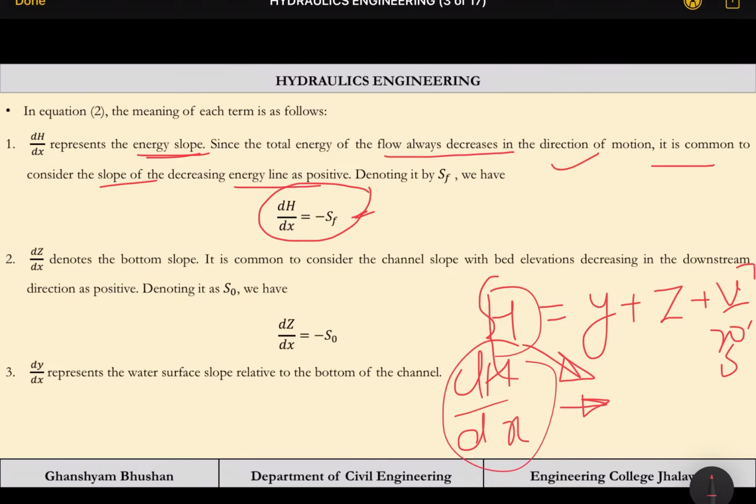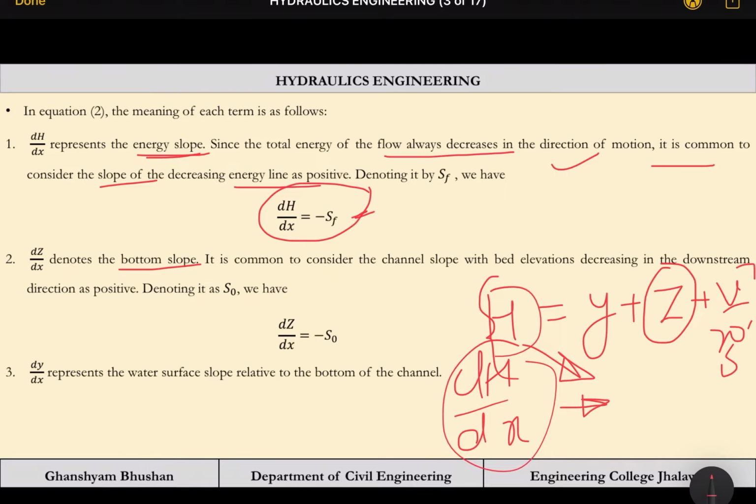Now dZ by dx. If we differentiate this term with respect to x, we are going to see the slope of the bottom, because it shows the datum head, how much the bed slope is, what the distance of the bed from the datum is. So it will show the slope of the bottom.